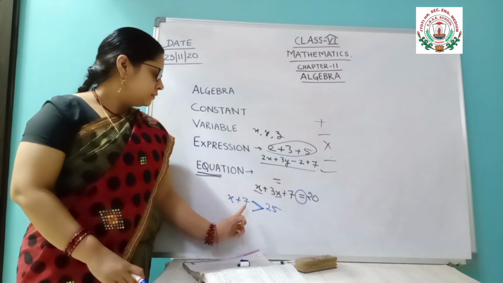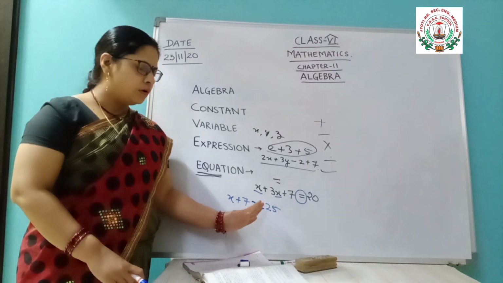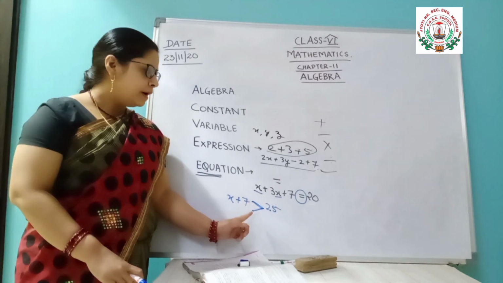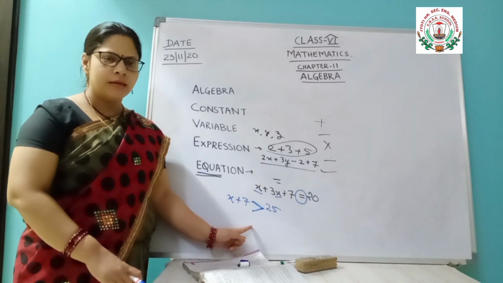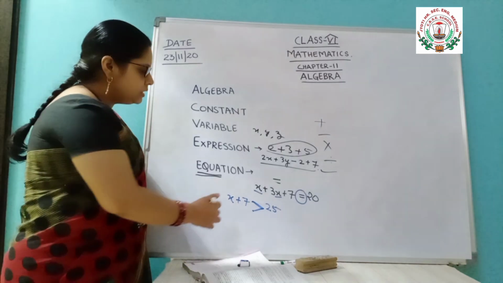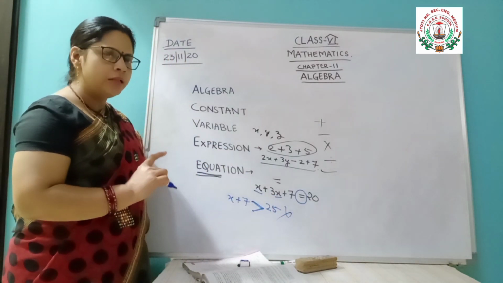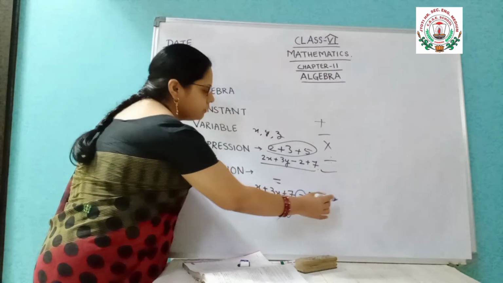If I am writing a greater than or less than sign, but not writing this equal sign, then this is not an equation. Getting my point? Only when you have one equal sign can you call it an equation. So this is your equation.